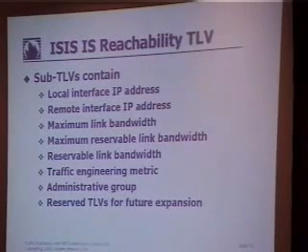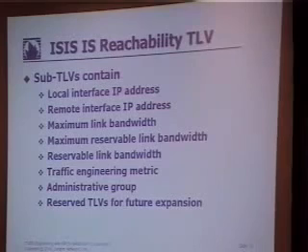So you can say 50% of that is available to any RSVP session, or you could say 200% is available. That's where the maximum reservable link bandwidth attribute comes into play. And then you can also assign a traffic engineering metric that's different than the ISIS link metric if you choose to. The administrative group refers to the affinity stuff I was talking about, the color of the link. And then there are some more reserved sub-TLVs for future expansion.